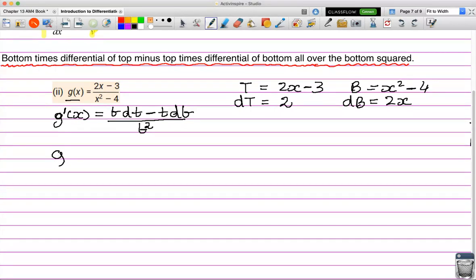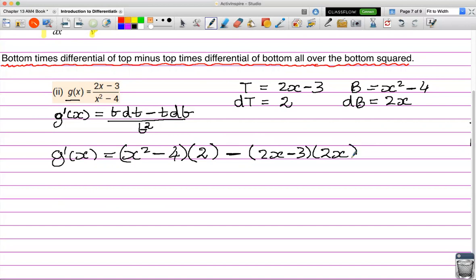So we have g dashed x is equal to the bottom, and the bottom is x squared minus 4. Don't forget, when we write something, put it into brackets, times the differential of the top, which is 2, minus the top into brackets, 2x minus 3, times the differential of the bottom into brackets, which is 2x.